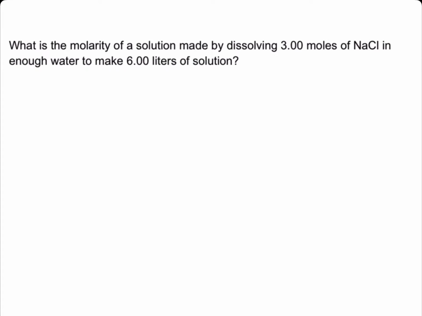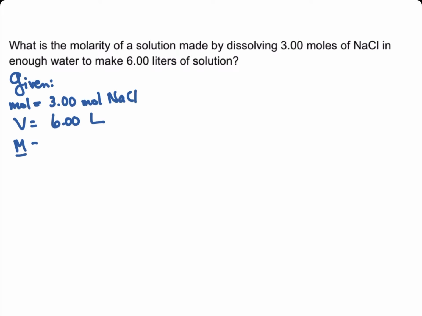What is the molarity of a solution made by dissolving 3 moles of sodium chloride in enough water to make 6 liters of solution? We always want to start off with our given table. They gave us the moles of sodium chloride. They've given us the volume of the solution, and they're asking us for molarity. I have my units, moles for solute and liters for solution.